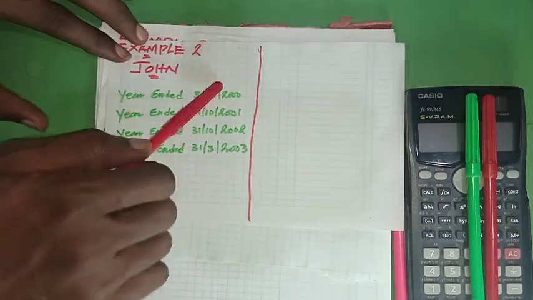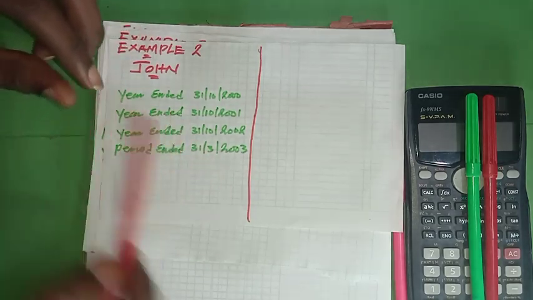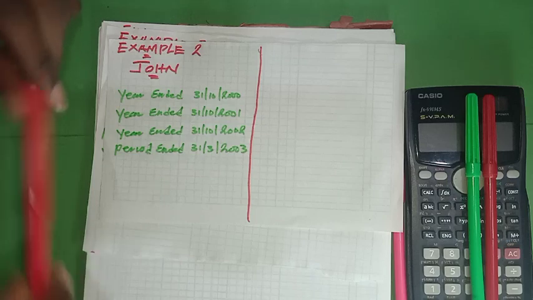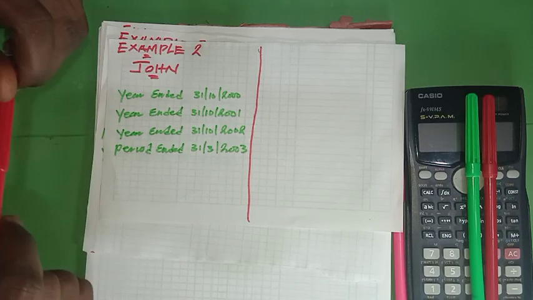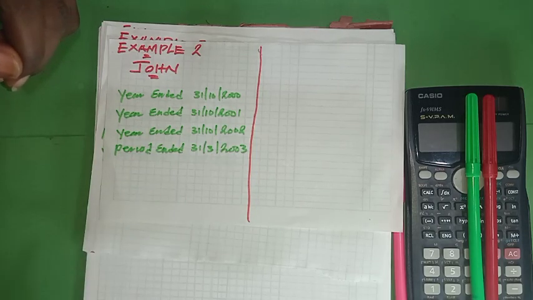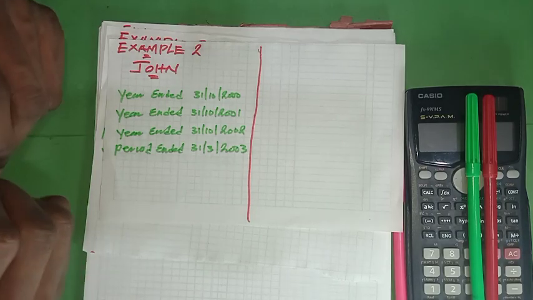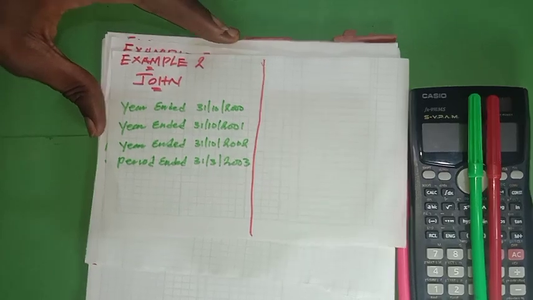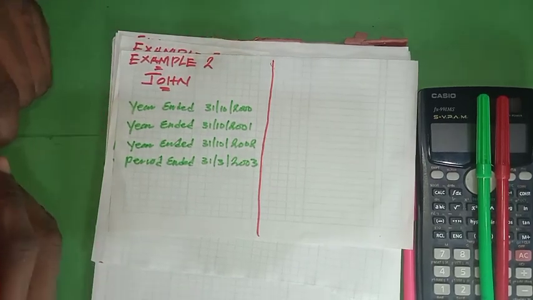Now we want to discover the year of change. From the steps we studied, we should discover the first year the company first failed to prepare their normal accounting period. This is the easy way you can do this.